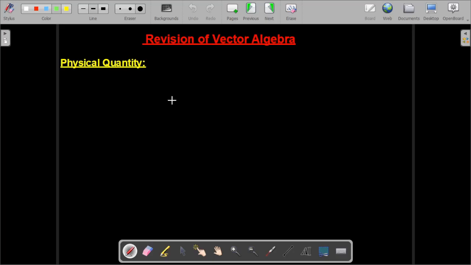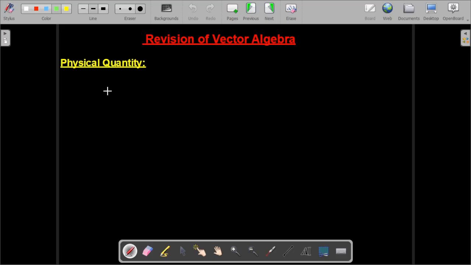What is a vector? Vector is a physical quantity. So before studying about vector, you should know what a physical quantity is. Okay. So what is a physical quantity?